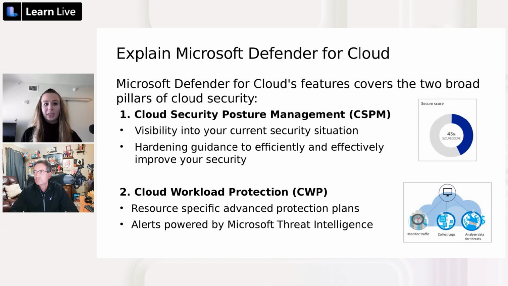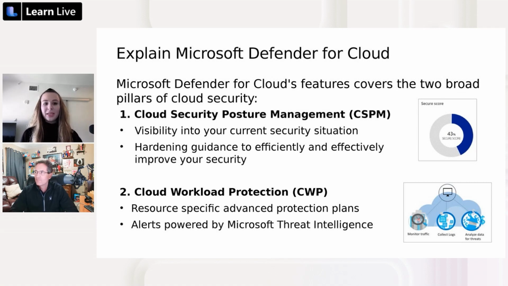Cloud Workload Protection offers advanced and intelligent protections that are specific to different types of cloud resources, like storage accounts or servers in the cloud or on premises. And for each of these plans, Defender for Cloud is giving you security alerts that are powered by behavioral analytics, anomaly detections, and Microsoft Threat Intelligence. Microsoft Threat Intelligence, if this is your first time hearing of it, then it shouldn't be, it's really amazing.